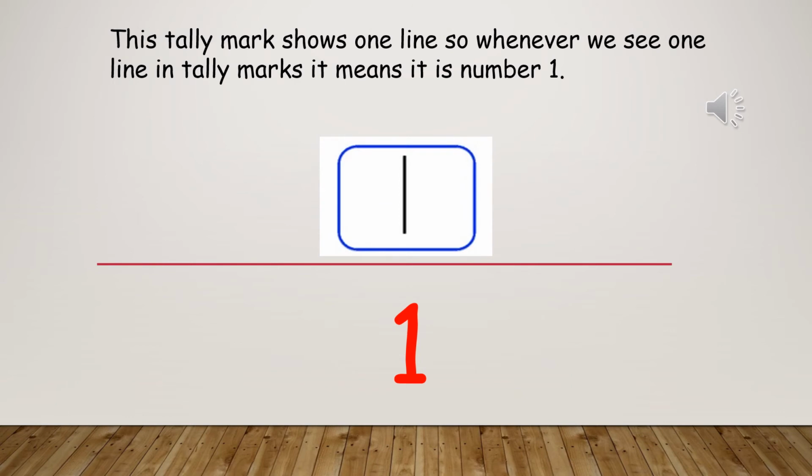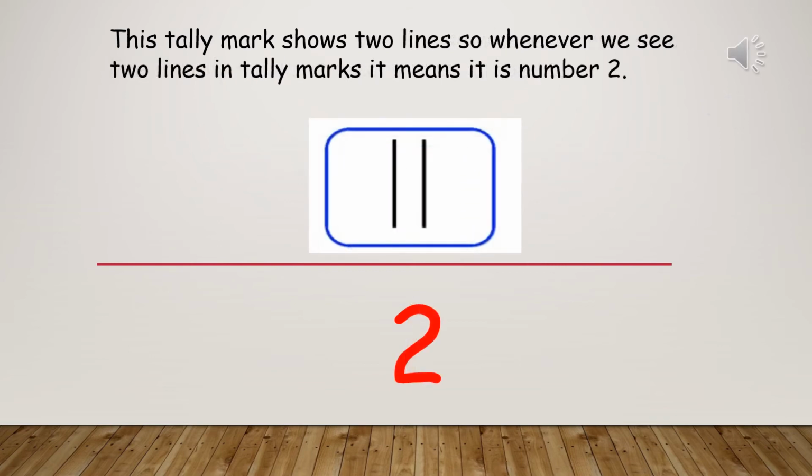So children, whenever we see one line in telemarks, it means it is number 1. This telemark shows 2 lines. So whenever we see 2 lines in telemarks, it means it is number 2.